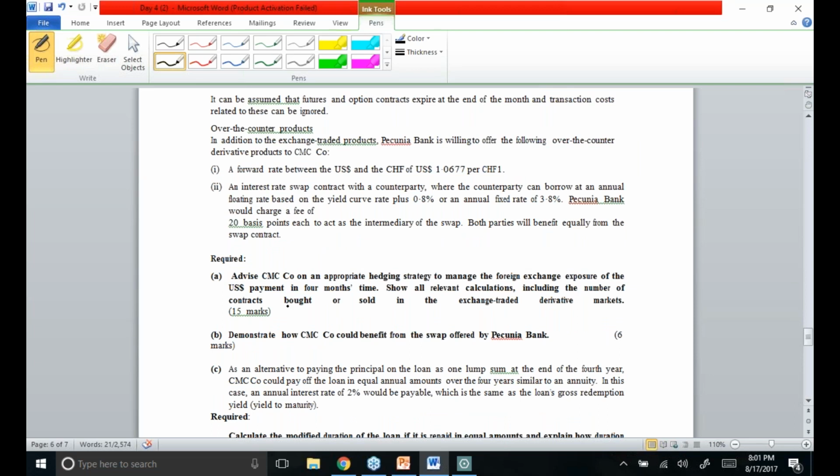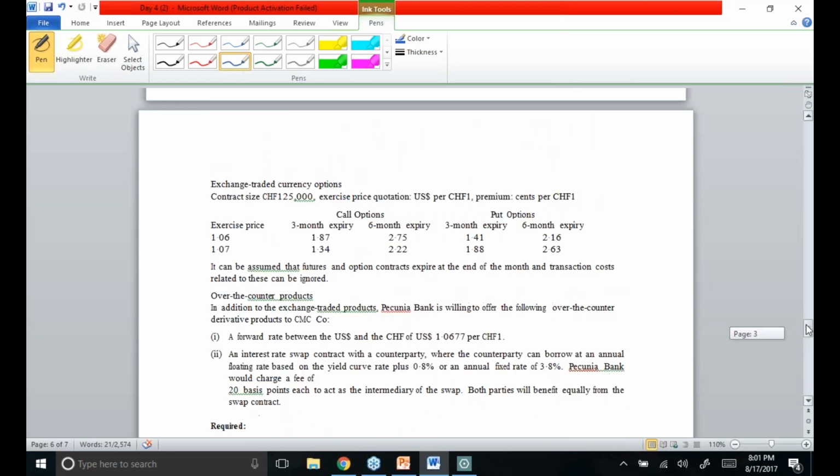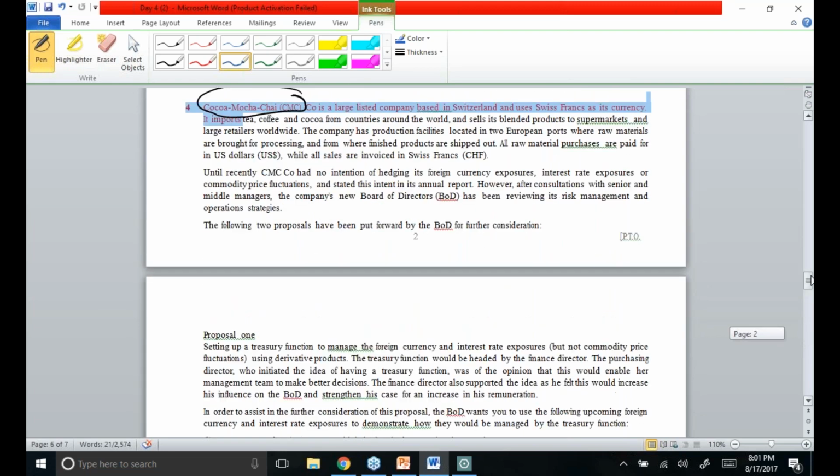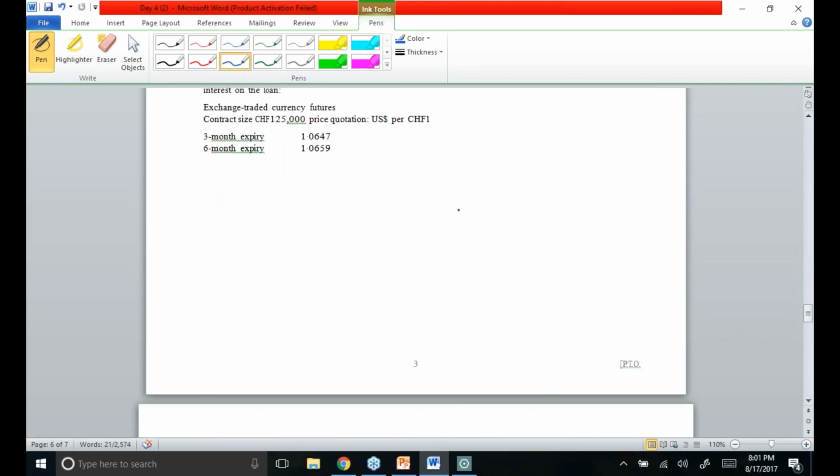So the first requirement is: advise CMC company on an appropriate hedging strategy to manage the foreign exchange exposure of the US payment in 4 months. That means you have to pay in US dollars after 4 months. Show all relevant calculations including the number of contracts. We'll quickly solve the question. So quickly read the question, then we will discuss it.